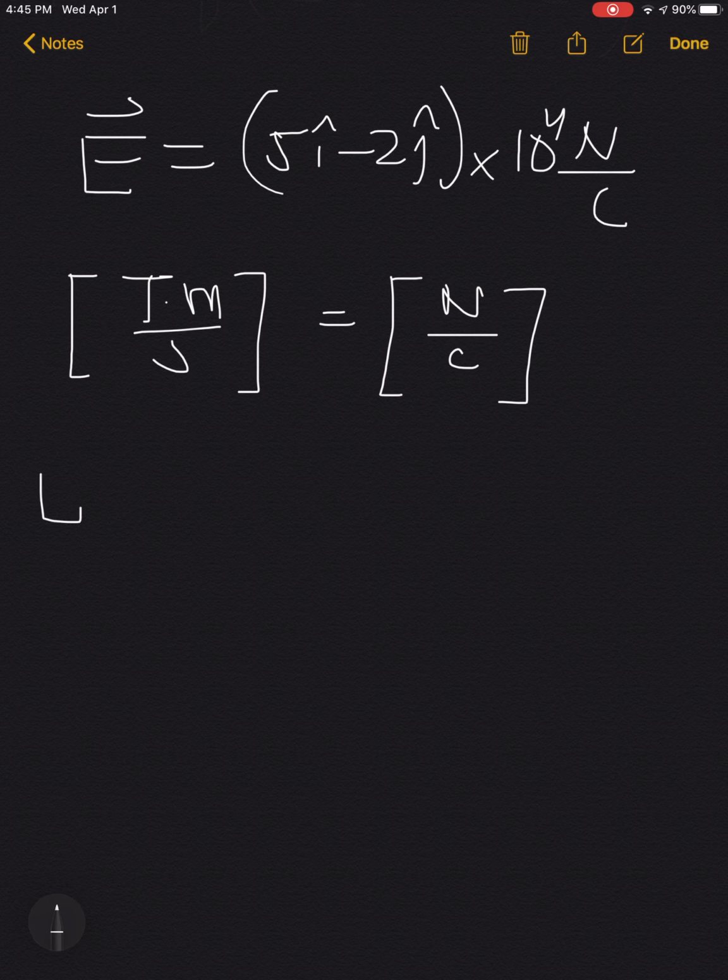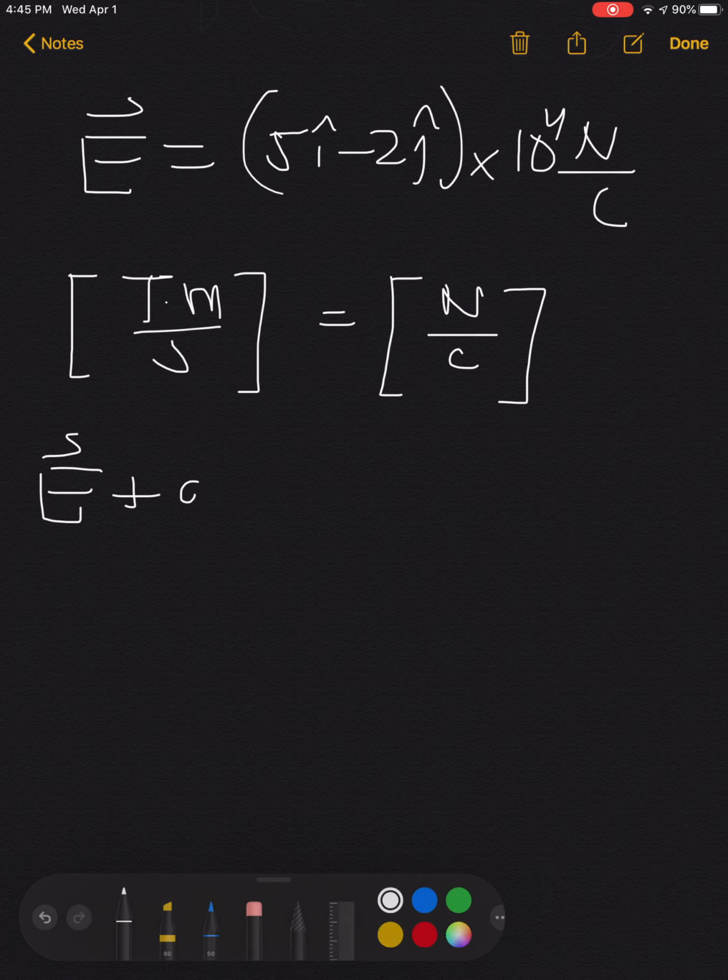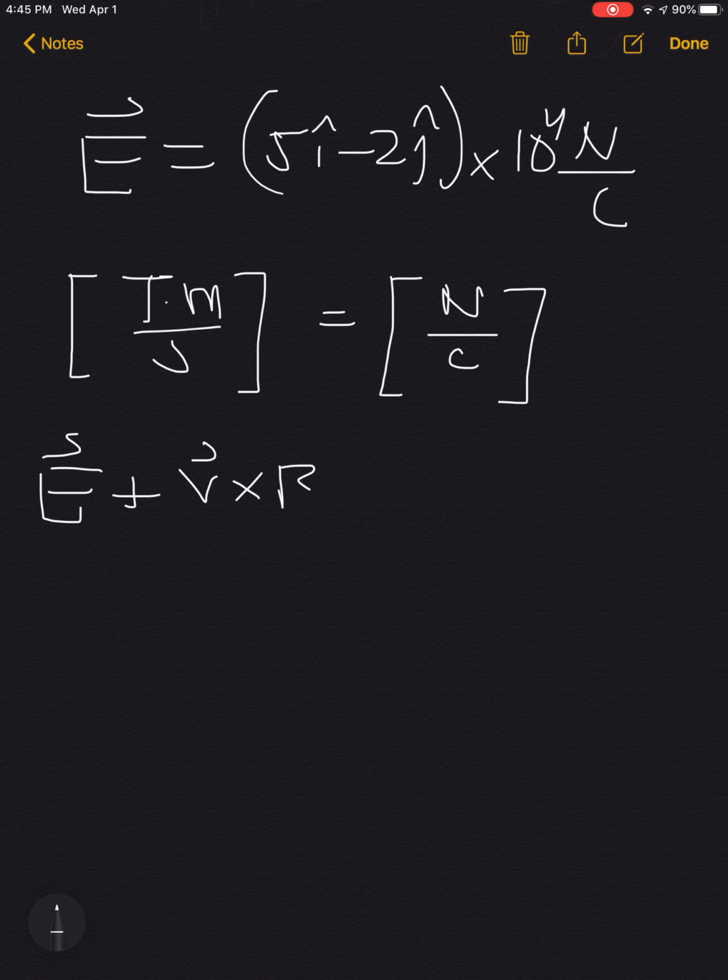We have E plus V cross B is equal to, now all of these things are going to be times 10 to the 4th newtons per coulomb, so I'm going to drop that to the end of our expression.